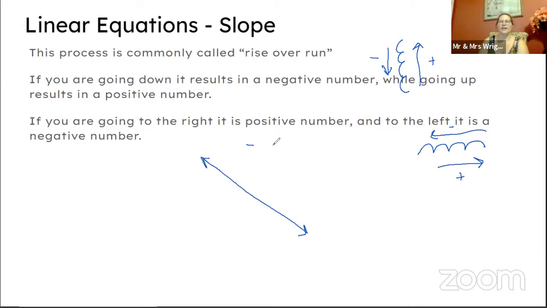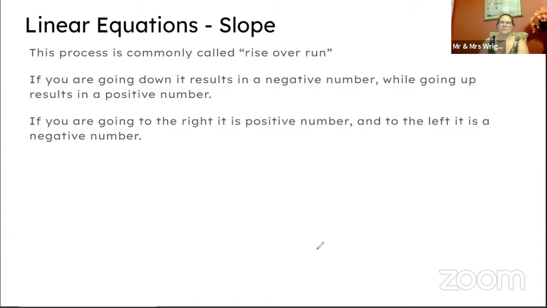If you have negative 3/2, and if you have positive 3/2, m equals 3/2, you can see they go in opposite directions. A positive slope is going to go as if you're going up the mountain, and a negative slope is going to look like you're going down a mountain.